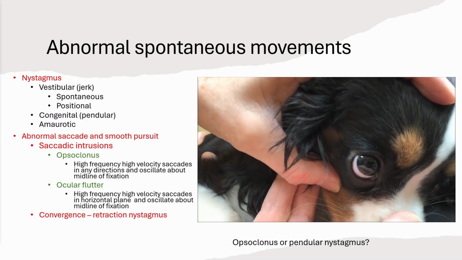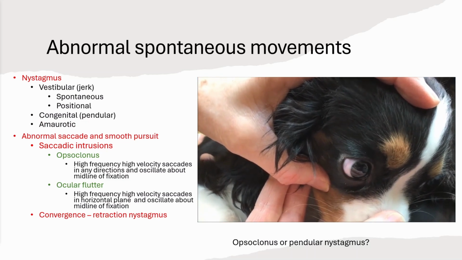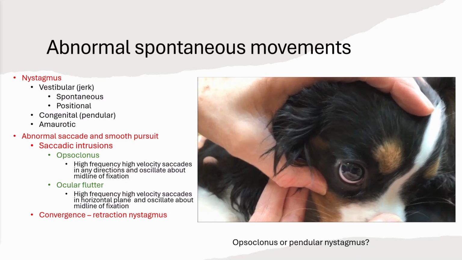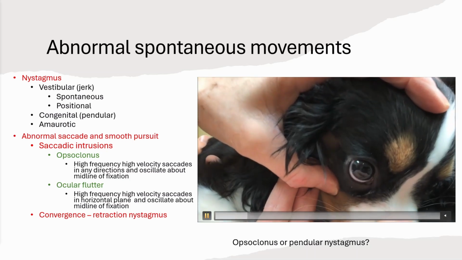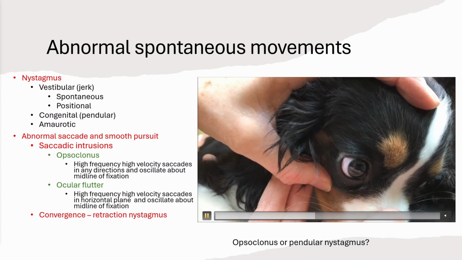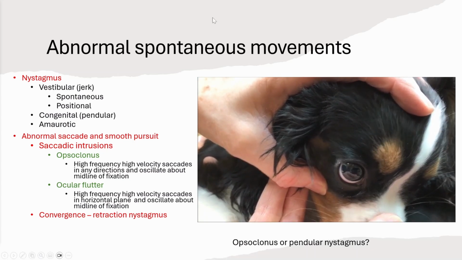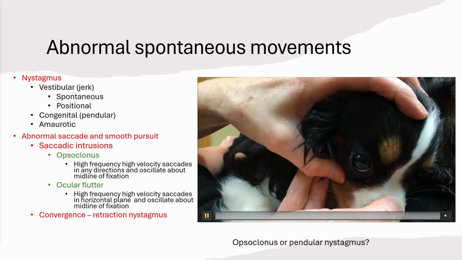And this dog here, I really couldn't make my mind up whether this dog has a congenital nystagmus or whether this is an ocular flutter. I actually think, because it changes direction, that it's more likely to be an ocular flutter, which is a high frequency, high velocity saccadic movement, and oscillates around the midline of fixation, rather than being there all the time.